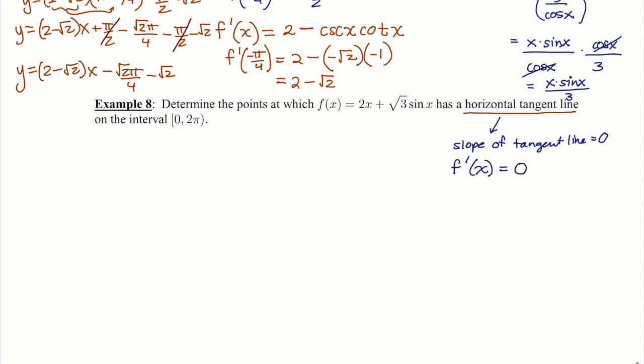So we want to find the places where the derivative is 0. And our derivative is 2 plus square root of 3 times cosine x. And so we want to know, where is that 0? And that is going to be 0 if and only if 2 plus square root of 3 times cosine of x is 0.